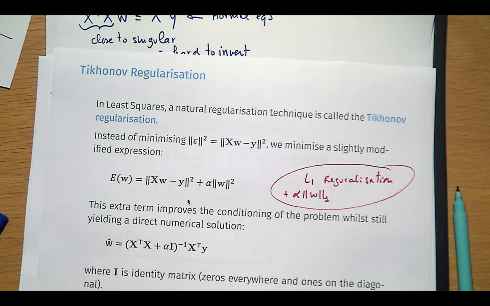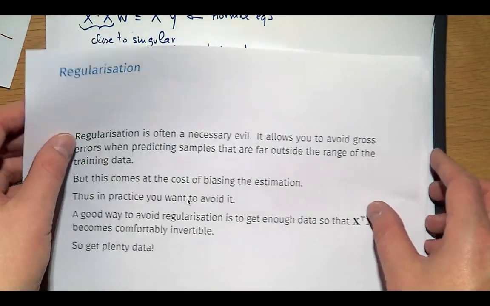So you always need to account for the fact that you might be slightly off, and maybe if you bring in new data that is very far away from your training set, then it will all go banana, and therefore you want a bit of regularization. Okay, so that's it for regularization.